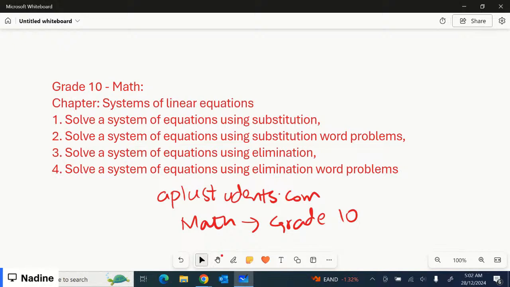We're going to start with the chapter System of Linear Equations.